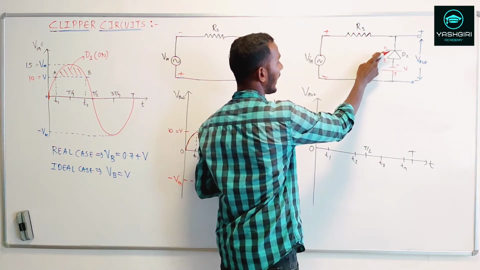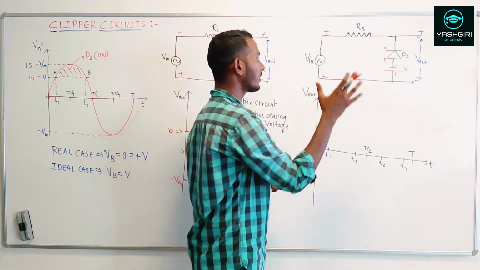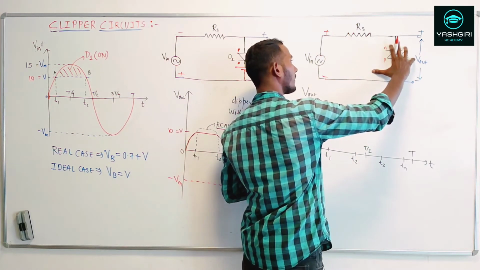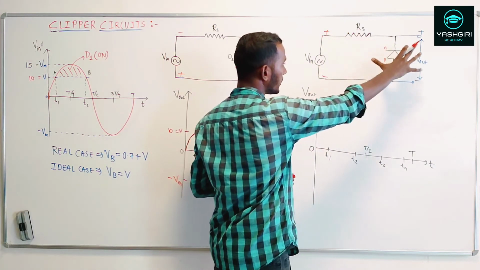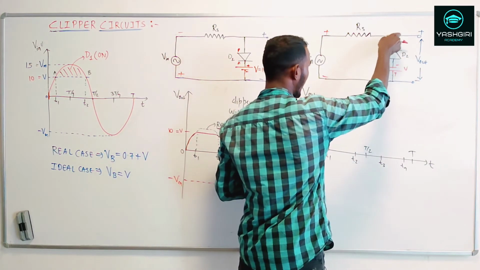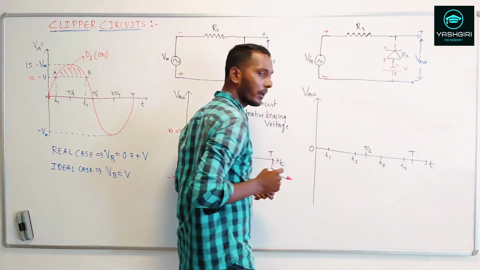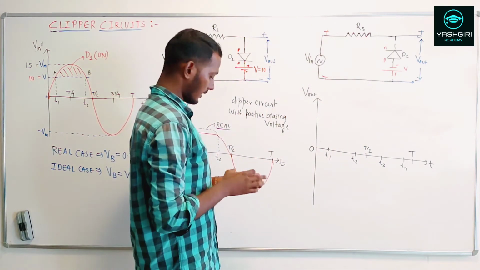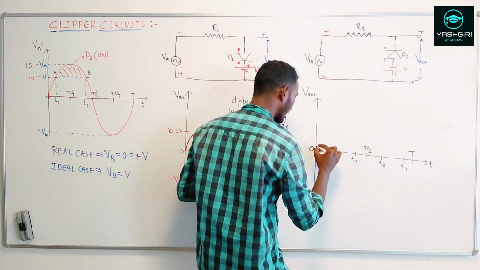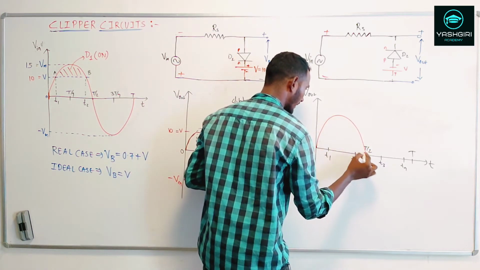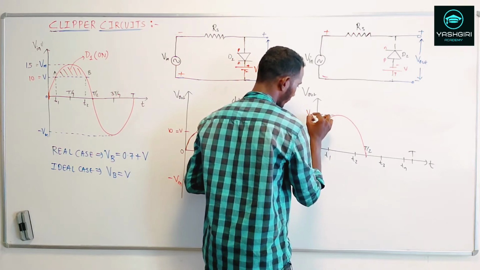Plus is connected to the N side, that means it's in reverse bias. At the initial start, this is reverse bias, and in addition when you give a V input, it makes this diode D2 more reverse biased. So this will act like an open circuit, and whenever the circuit is open, the output follows the input. So exactly the same input will be available at the output. So this is my Vm.